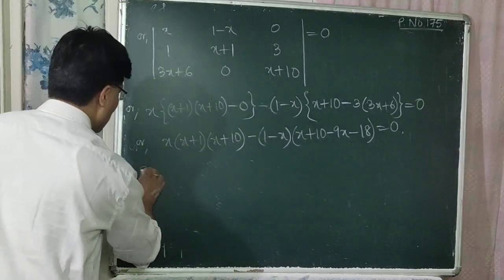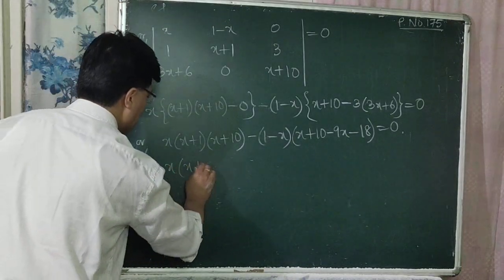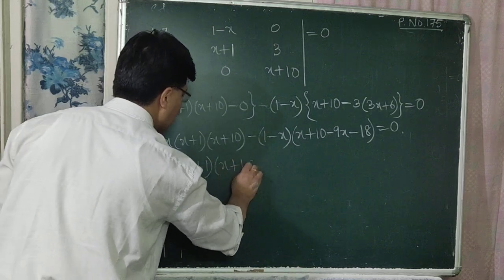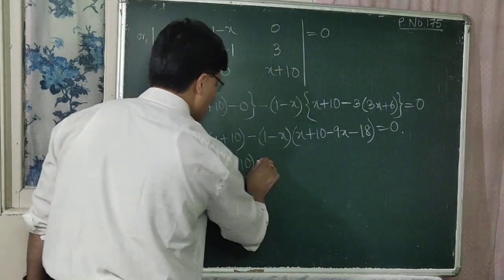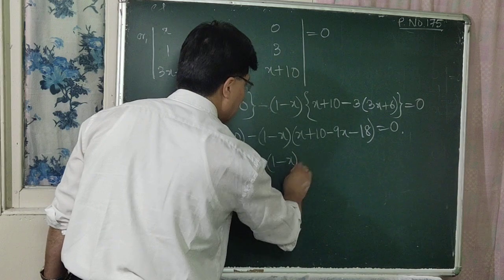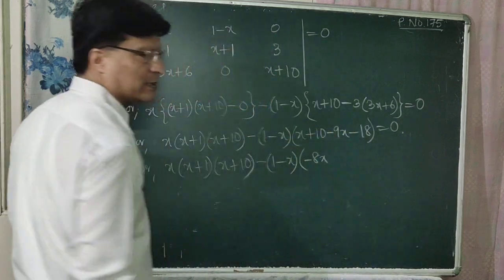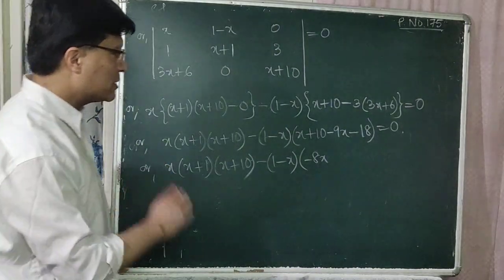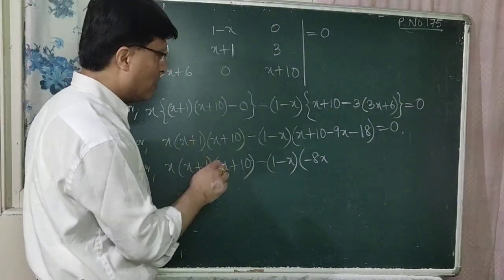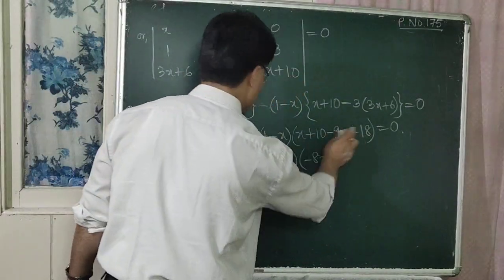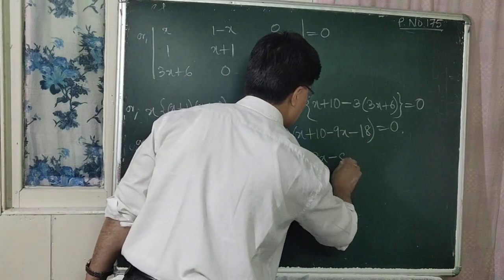Take some now. Or x into x plus 1 into x plus 10, 1 minus x, minus 8x, x minus 9x. Different sign, subtract it, write the sign of the greater number, that is minus 8x, and this is what? Minus 8, right?